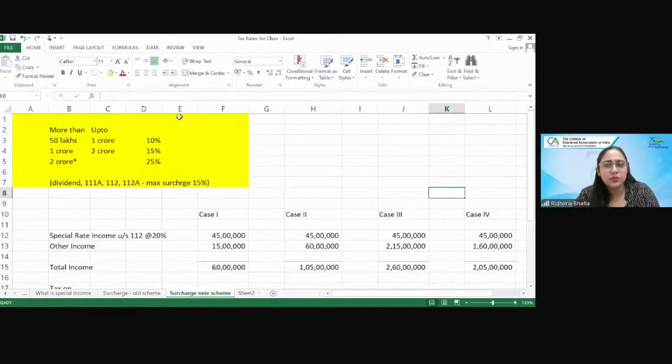The screen is not visible. The rates are not visible. One second.